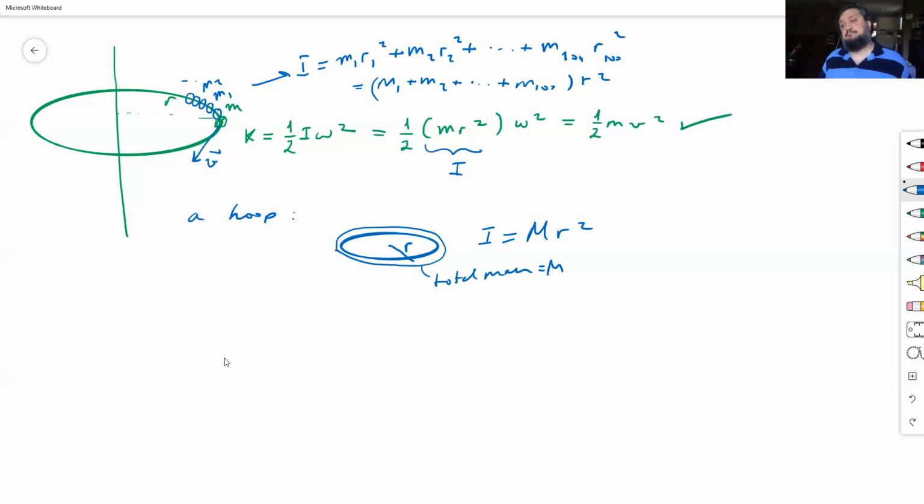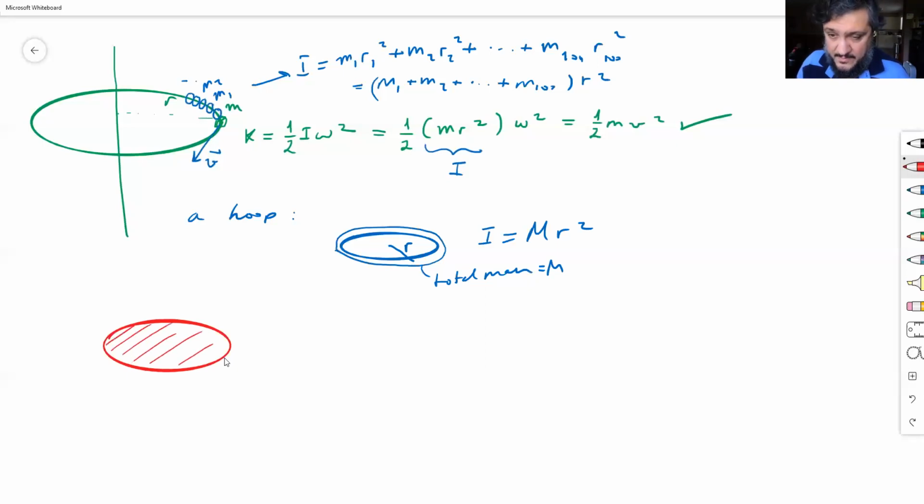Now, what if it's a compact disk? What if now there's mass inside? So these little particles are at different distances. This is a solid disk. Now, how do you find the moment of inertia for this?